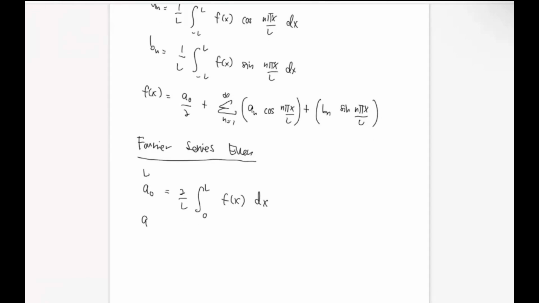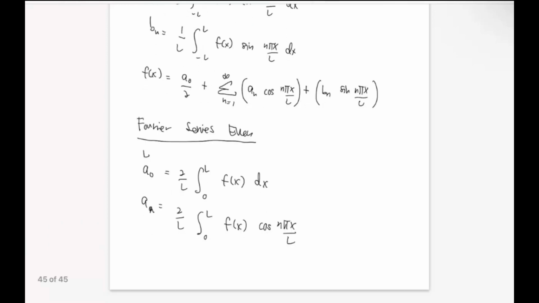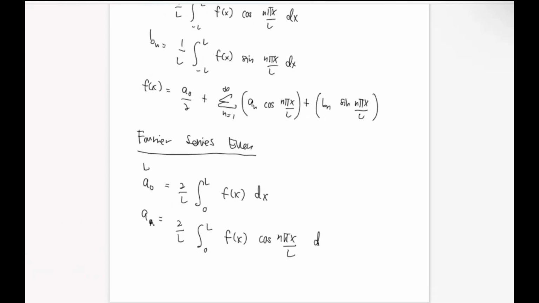Determine An: 2 over L integration from 0 to L f(x) cos n pi x over L dx. And lastly, you write the Fourier series as A naught over 2 plus summation from n equal to 1 to infinity An cos n pi x over L. So this is a Fourier series for even function.